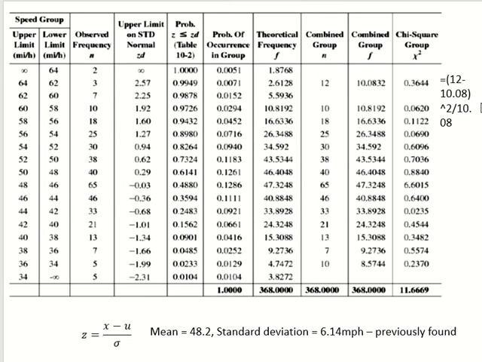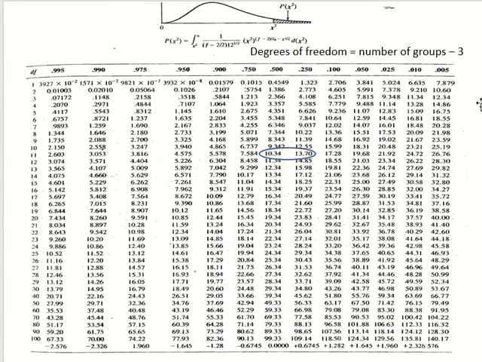Okay, 11. So I will come to the chi-square table. In the first column I will pick 11. Now you can see the values in the top row. These values are cumulative probabilities, like we had cumulative probabilities from the Z table. The top values in this table are cumulative probabilities for chi-square.